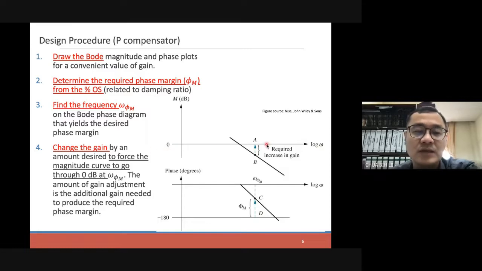So you can find out what the frequency is, and at the same time you know the required gain to be adjusted. You can make this adjustment to design or to increase the K value itself.